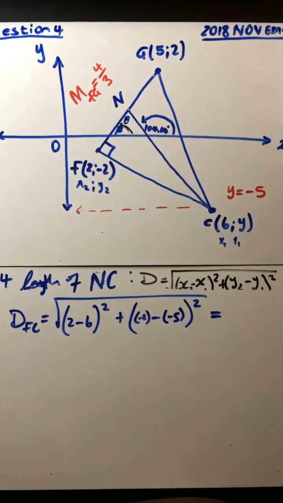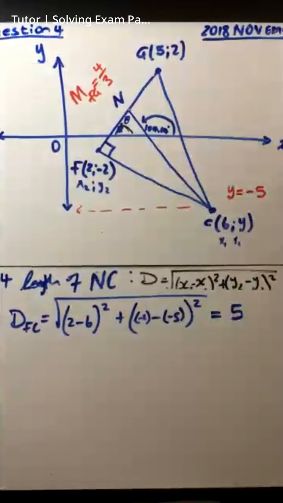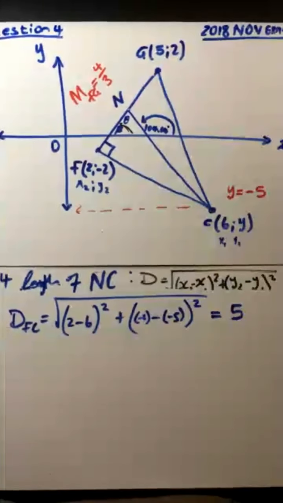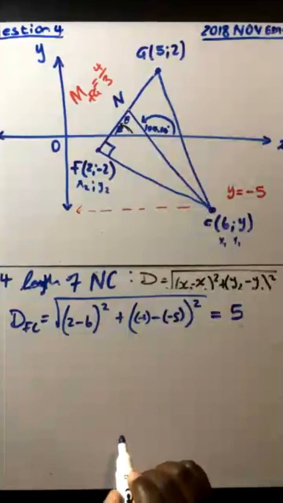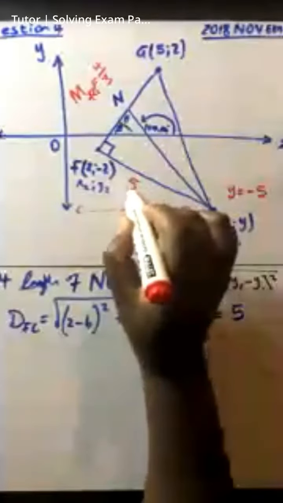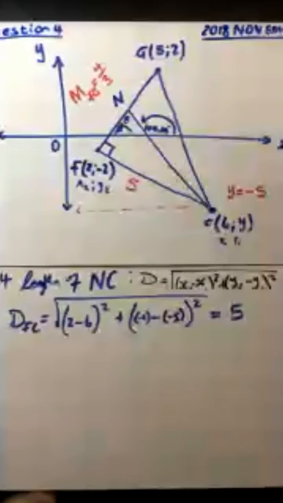Also got 5. Okay, so that means this is 5. So whoever got it incorrect, did you notice your mistake? Yes, sir. Okay, so that means it's 5. So what does it mean? It means we've got 5 units over there.